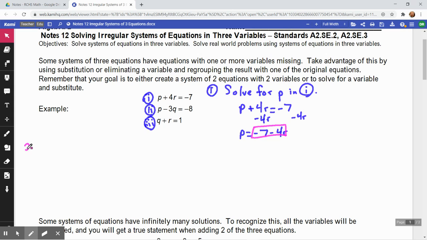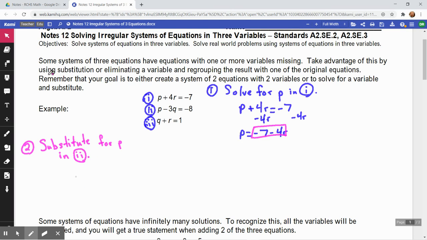So here is my second step. I'm going to substitute for P in equation 2 from the beginning. So circle 2.